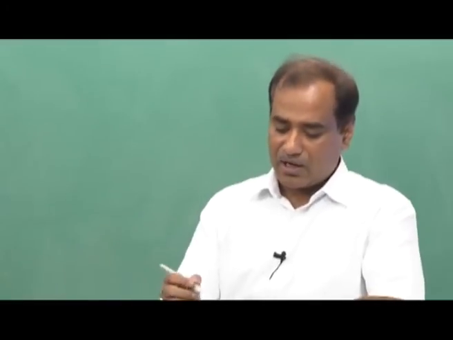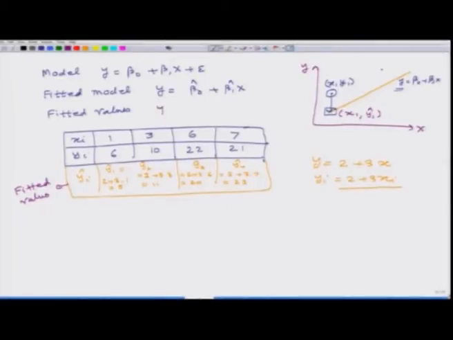I can write the fitted value as y hat equals beta 0 hat plus beta 1 hat, using a given value x equal to xi. So this is my ith fitted value.